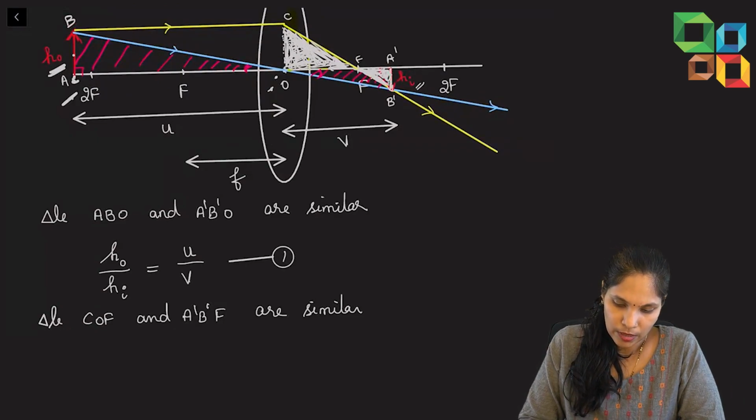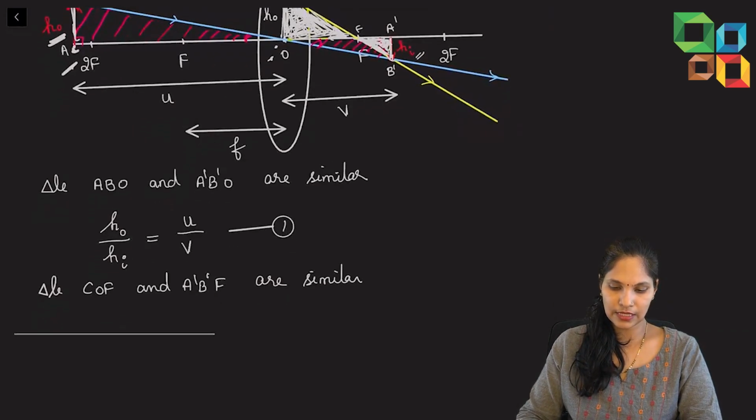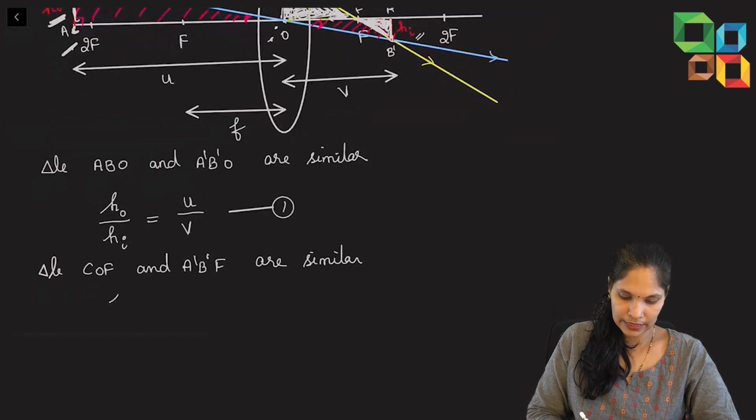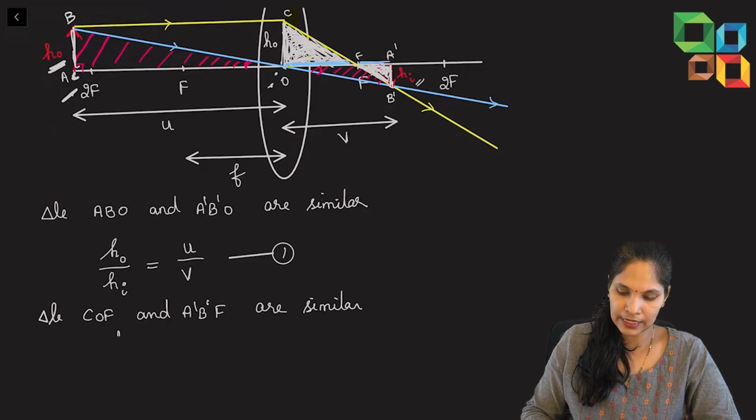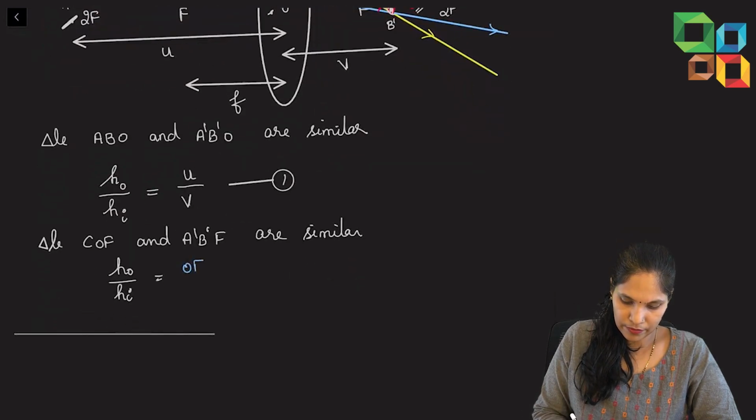And this is nothing but HO itself, because they are the same size, exactly parallel, and the same length. So HO by HI, once again I get a ratio, which is equal to, this time, the horizontal lengths, which will be different now. Here it is OF, and here it is A dash F. OF divided by A dash F.